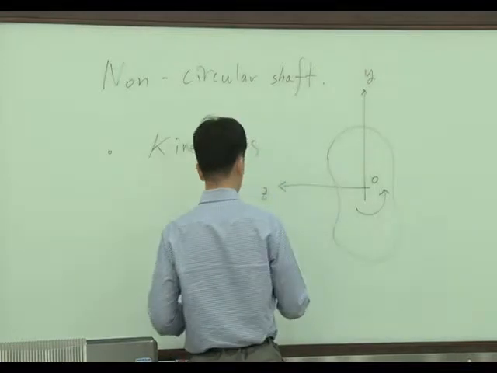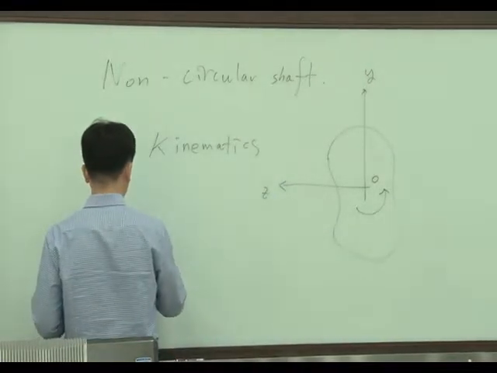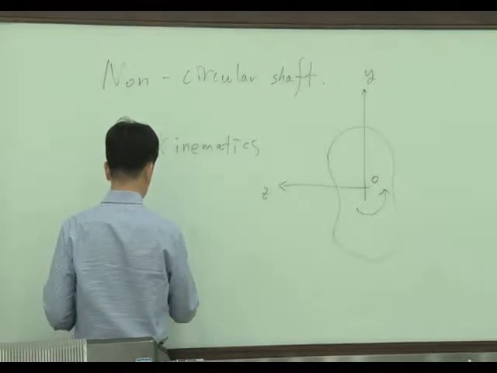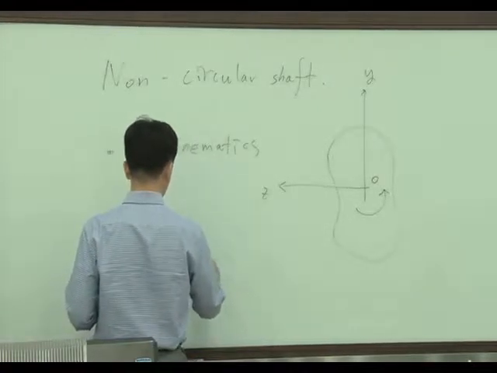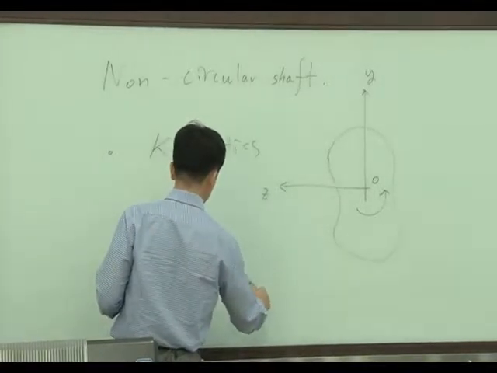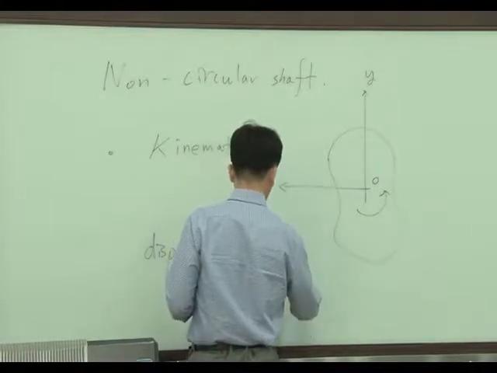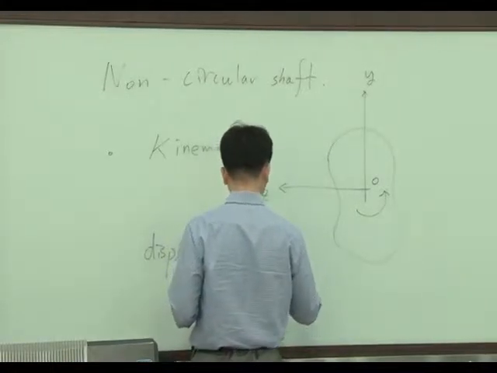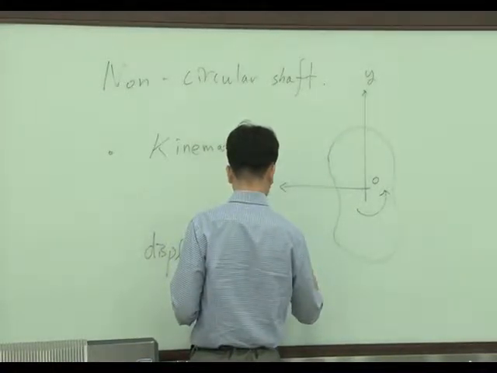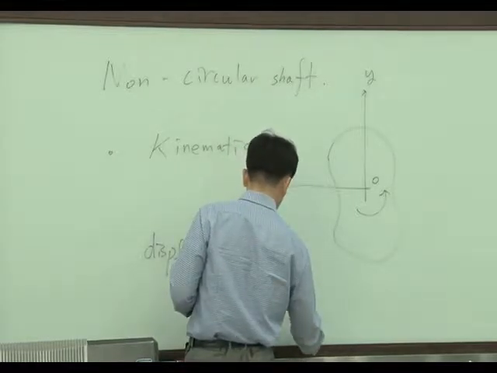What I would like to find is the displacement u, with components ux, uy, uz.